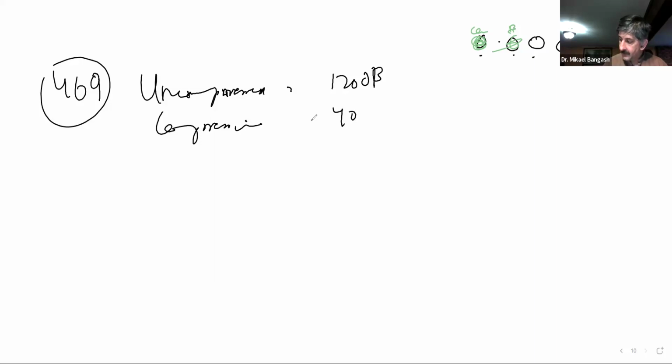And what they mean is, where is the dynamic range of the compressed signal?